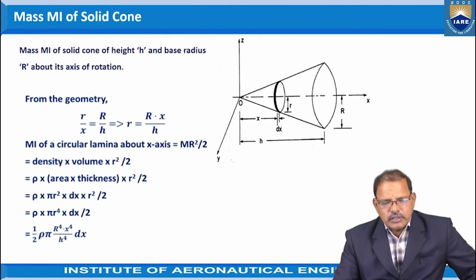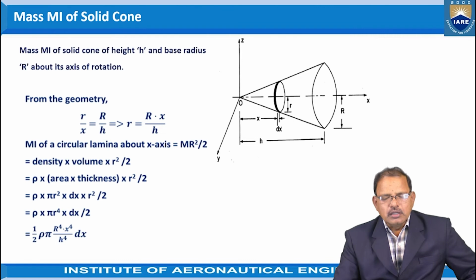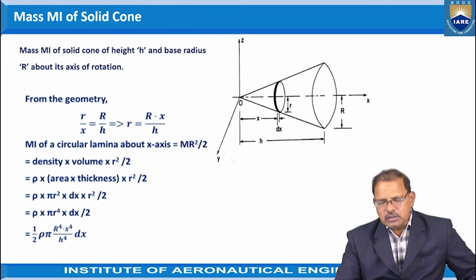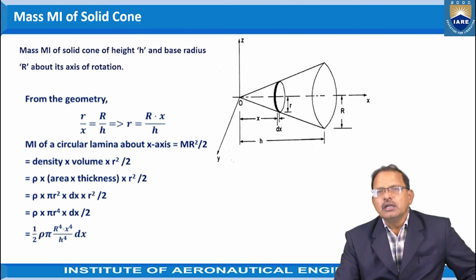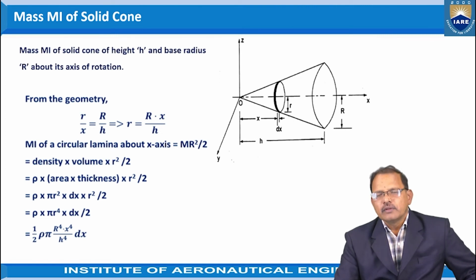The mass moment of inertia of the solid cone. For determination of the mass moment of a solid cone, here we are considering a right circular cone. That means its axis is always perpendicular to its base. Let h represent the height of the axis and capital R the radius of the base circle as shown in the figure.